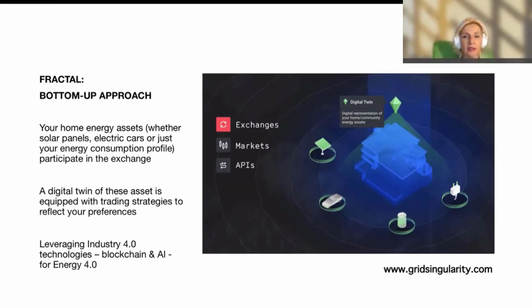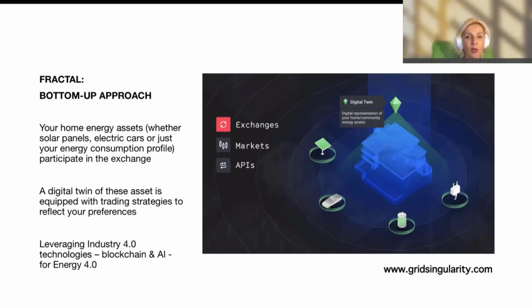These are the assets that participate in the exchange with a digital twin that is equipped with trading strategies. And these strategies represent your personal preferences, where we aim to promote a much higher degree of freedoms of choices, such as the ability to choose where your energy comes from or who your trading partner is, and much more.